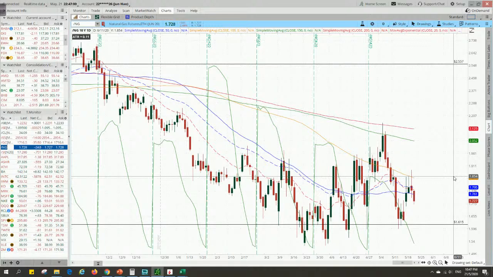Given their volatility, iron condors can give you a very wide range of profit. So that's the reason why I prefer applying iron condors on futures.